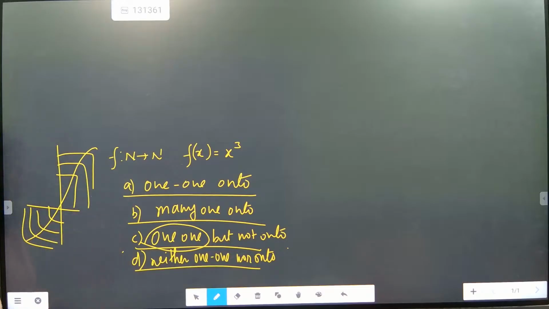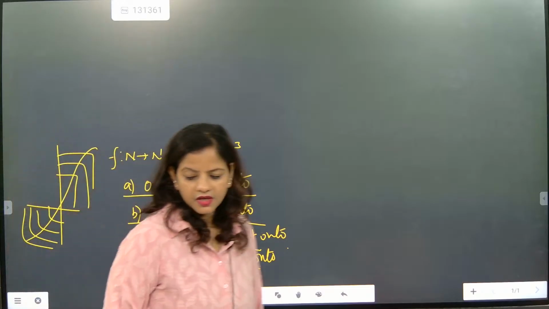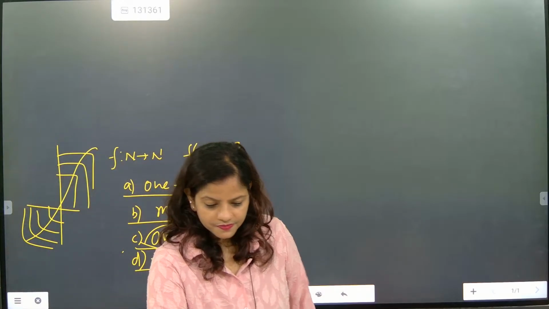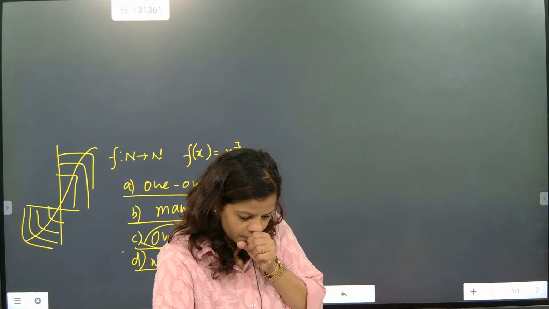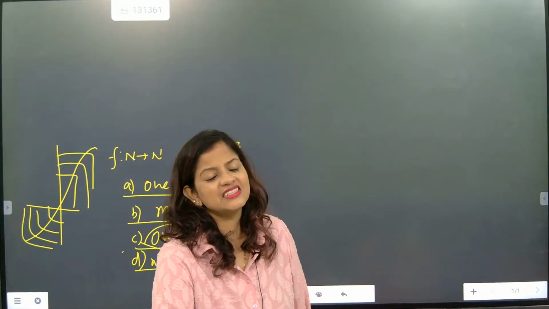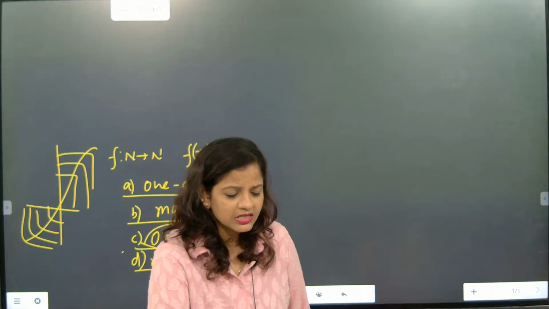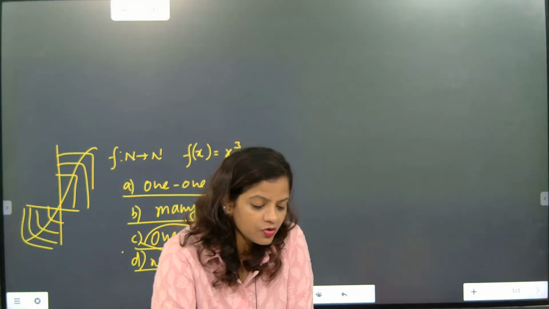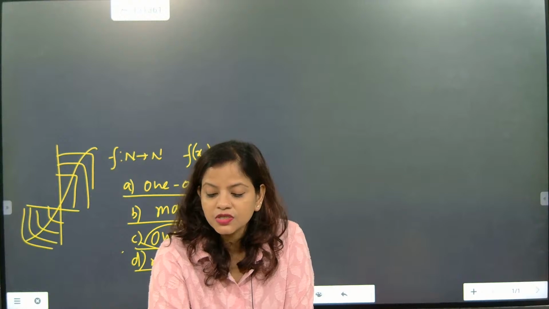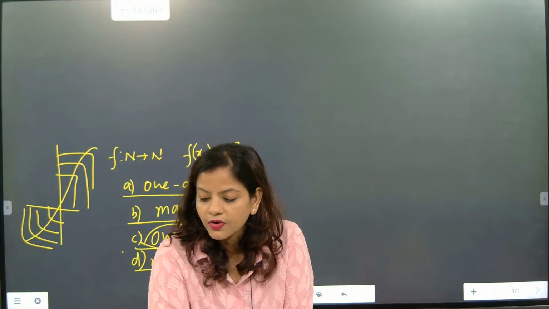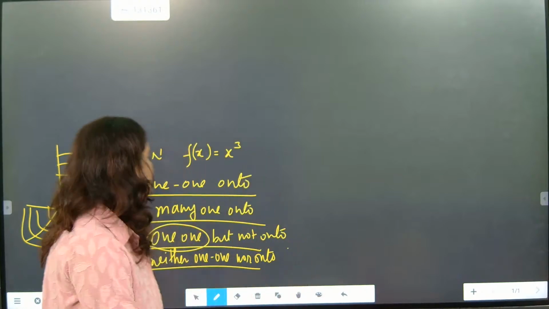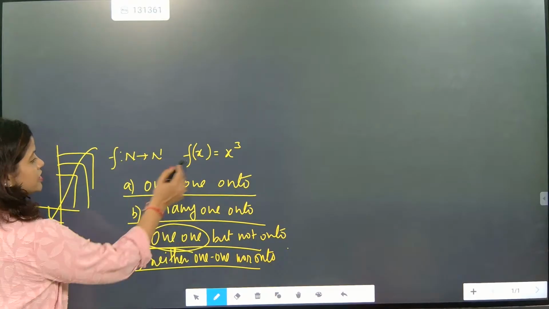Check: is it going to be onto or not? It is natural numbers, so since it is natural numbers, it is not going to be onto, because with x cube the negative section is not going to be satisfied. So 100% it will be one-one because here N to N is there.